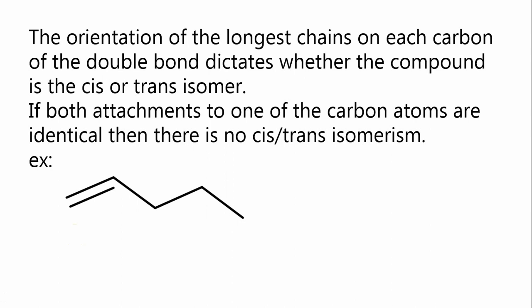It's not changing the actual structure. So when these two things on one carbon are the same, you don't have cis or trans isomerism. For naming's sake, this one has 1, 2, 3, 4, 5 carbons again, but this time the double bond is in the first position. And so we call this pent-1-ene.